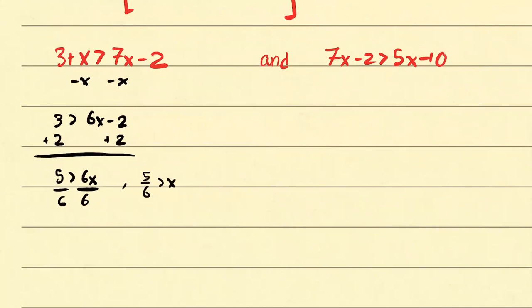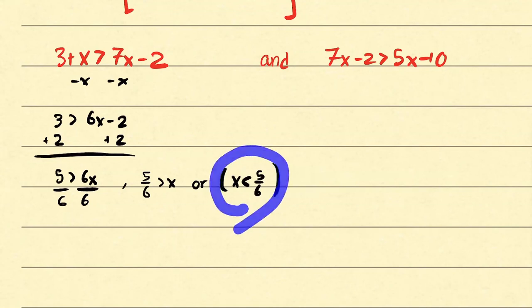So 5 over 6 is greater than x, or x is less than 5/6. That is the reversal of the notation that I've shown you. It's just much easier to read this out: x is less than 5/6 rather than 5/6 is greater than x.